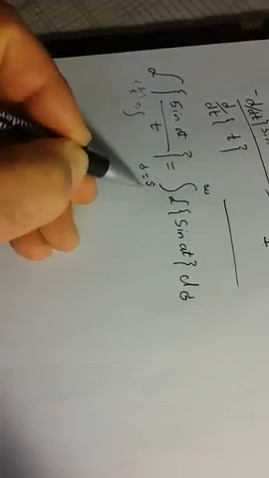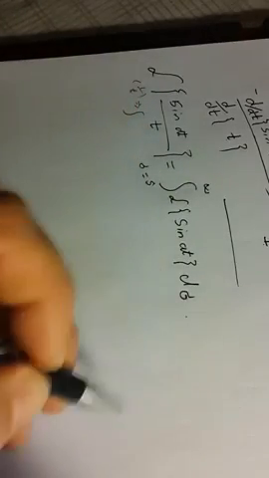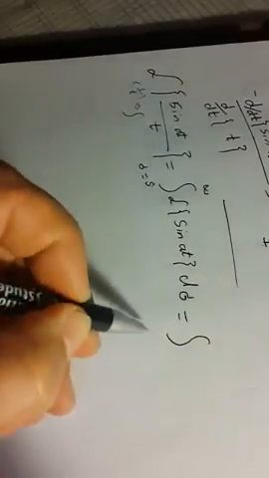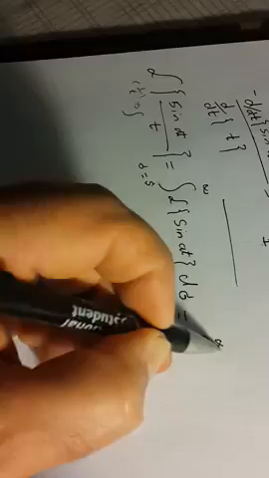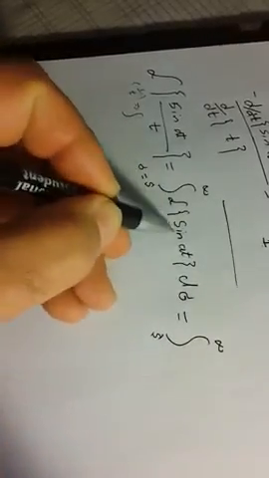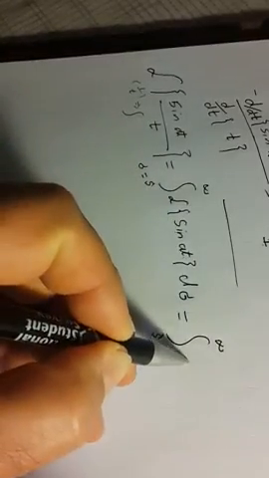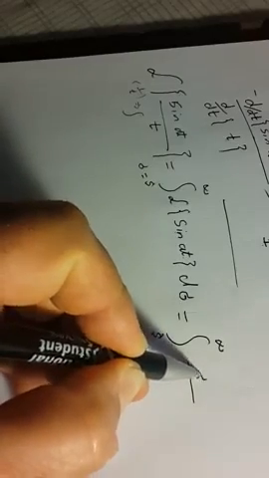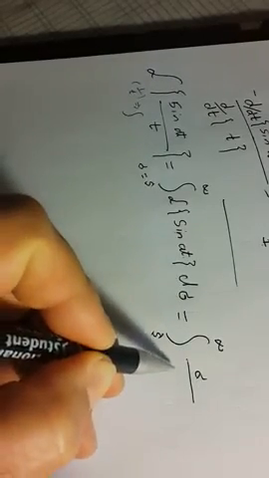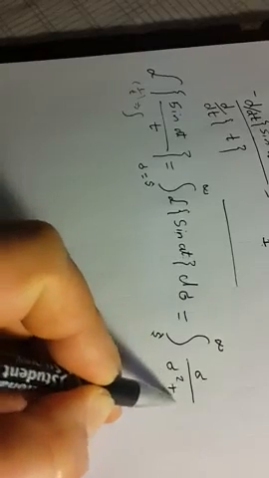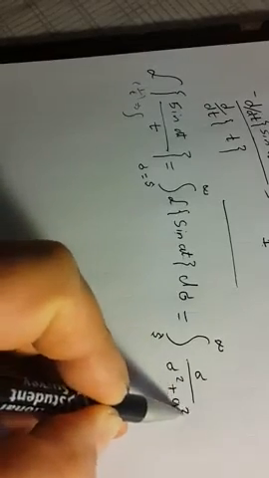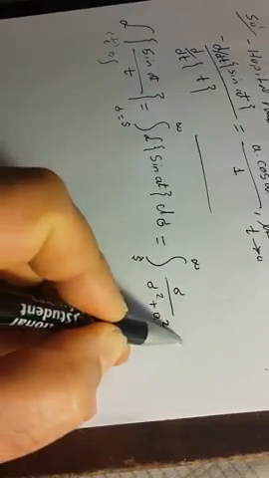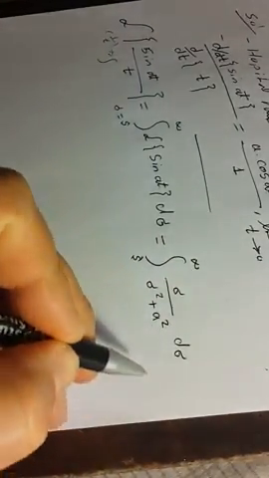So sigma starts from s to infinity. This equals the integral from s to infinity of the Laplace transform of sine at, which is a over sigma square plus a square, d sigma.